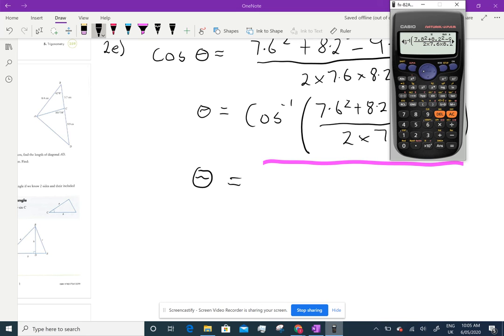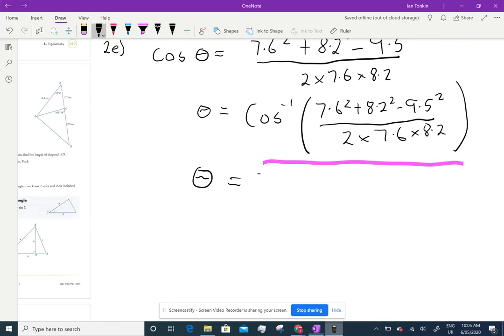Ah, look at the very first one, I wrote 7.8. Righto. Now I've got the right answer. 73.81.